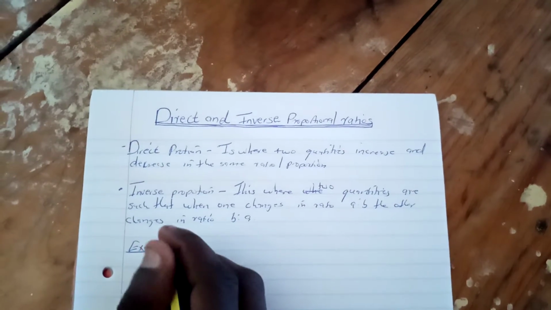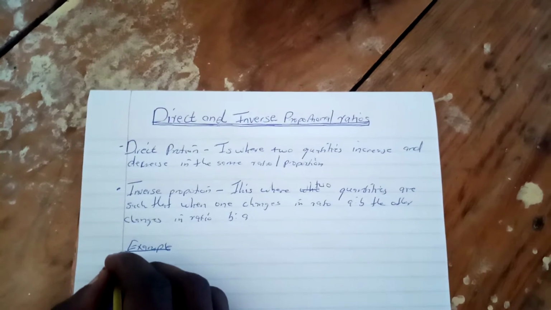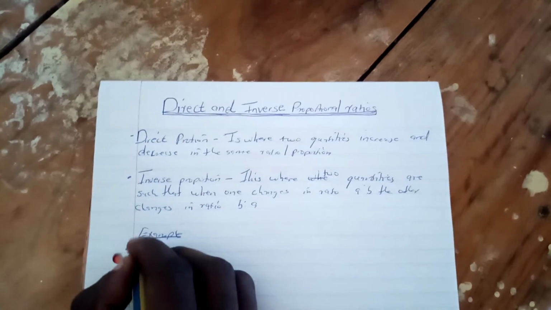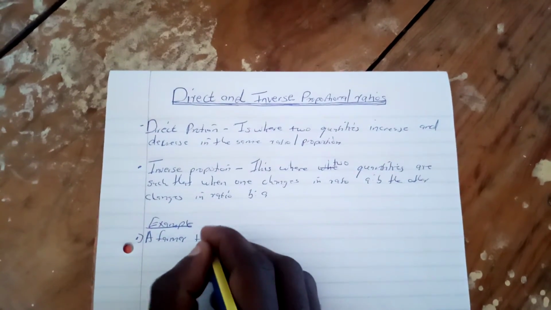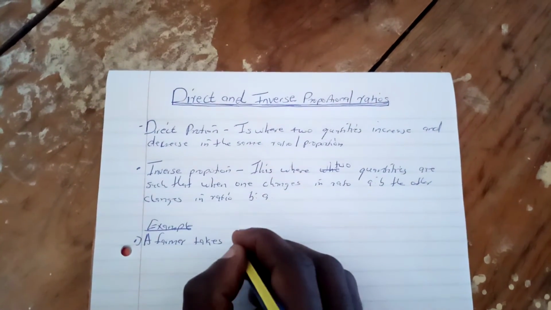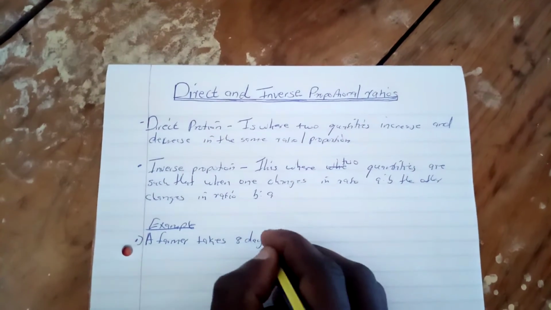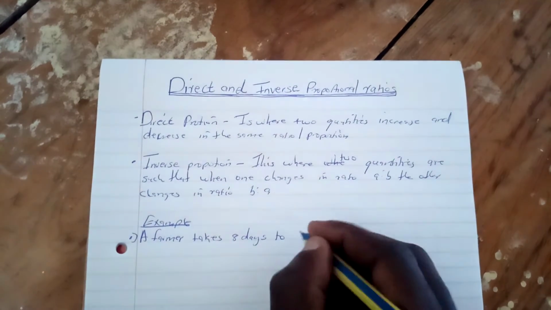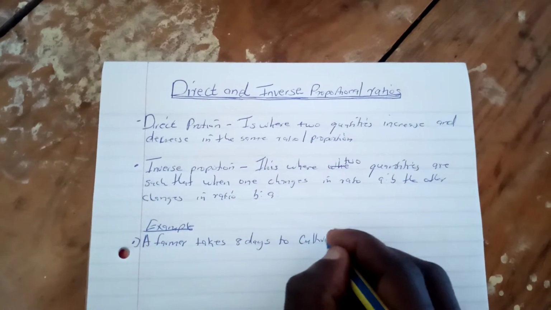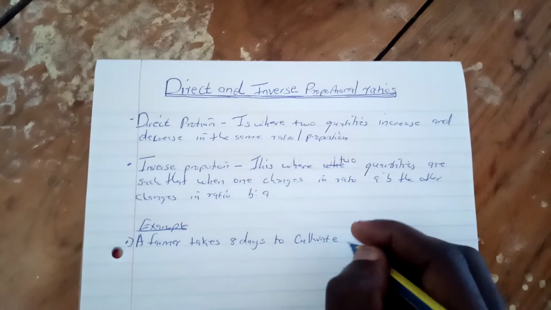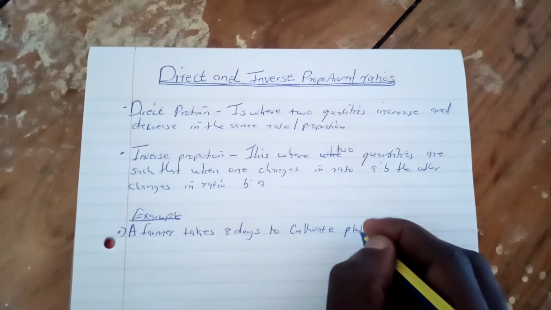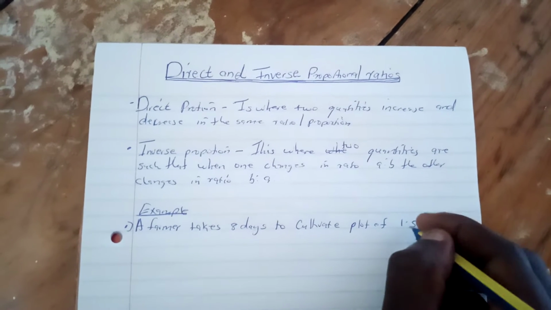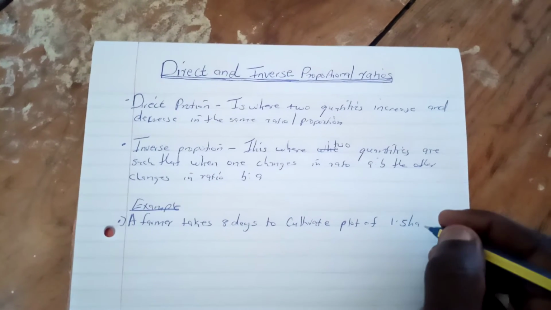Okay, you can be given this question. Let's write it down. A farmer takes 8 days to cultivate a plot of 1.5 acres.